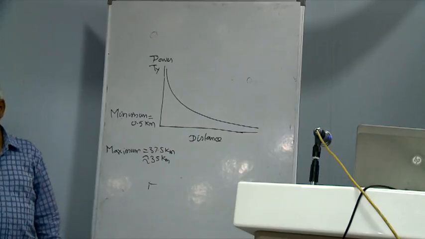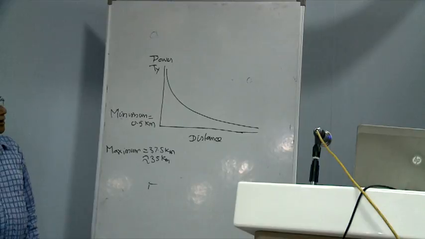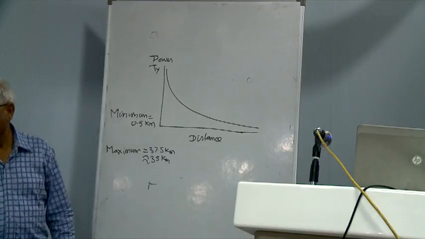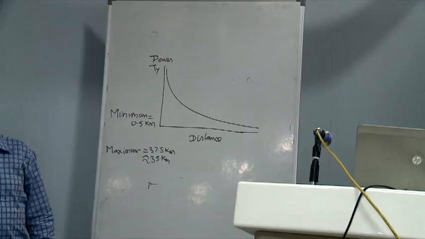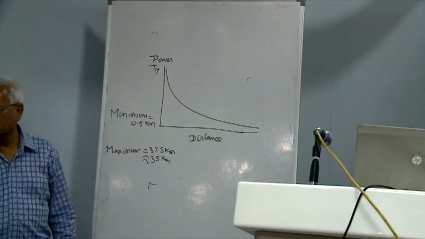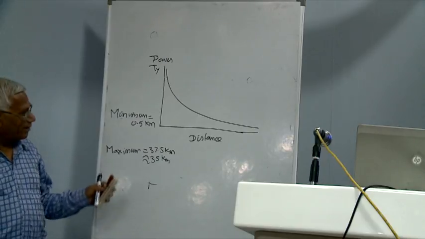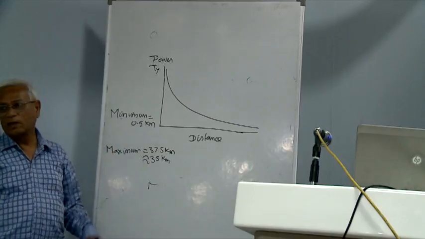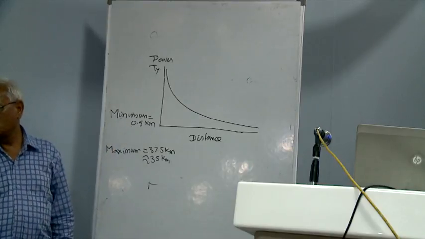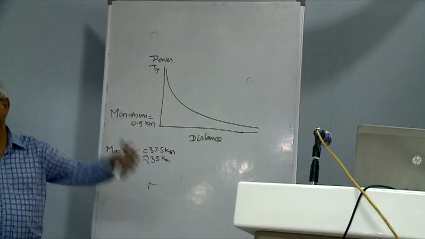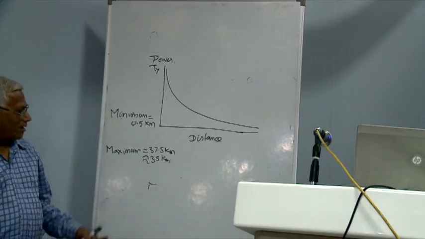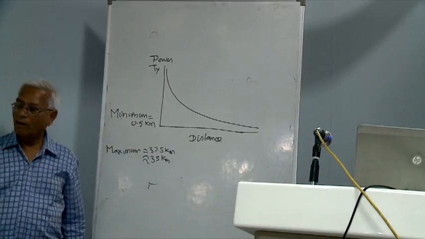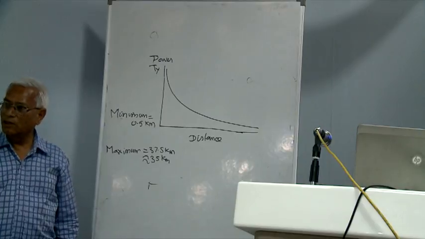I will talk about how to improve the coverage, improve the area, later. But I will tell only here the 0.05 kilometer cell is available in Chandni Chowk, Delhi, a very congested area. And the 35 kilometer cell is available in Jaisalmer.